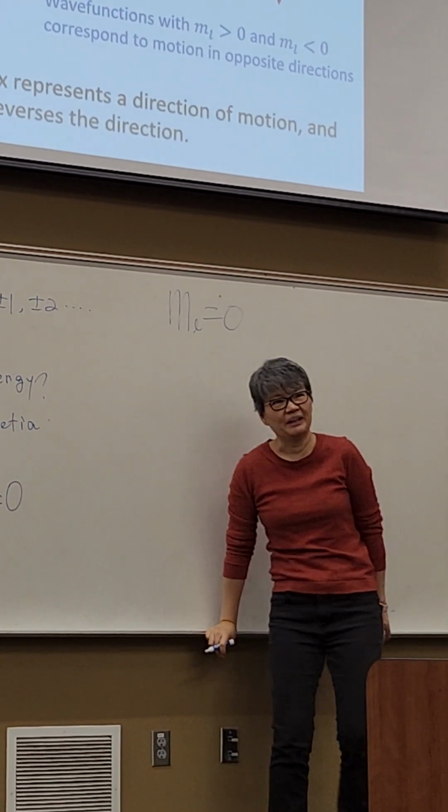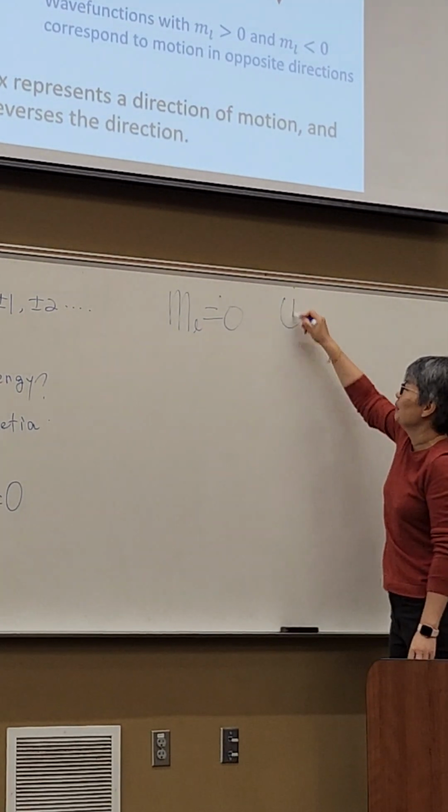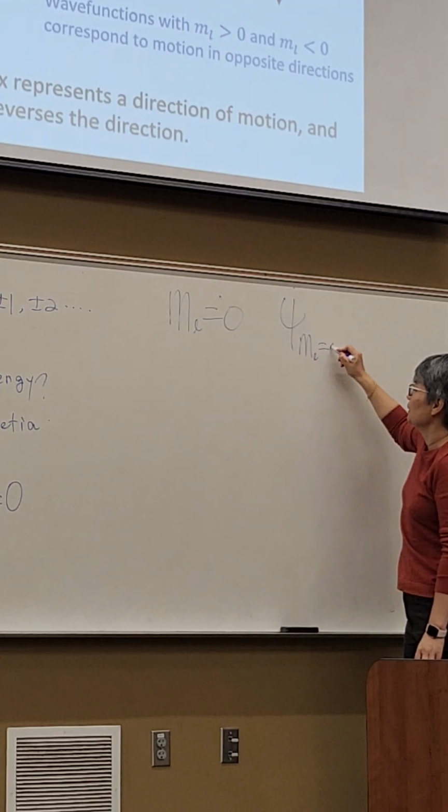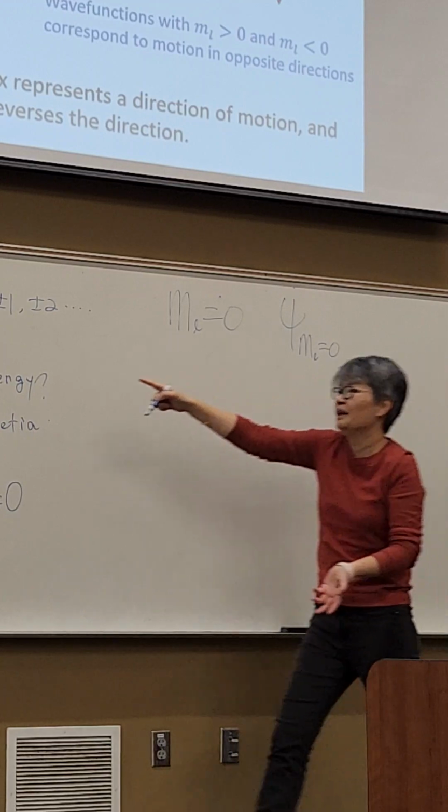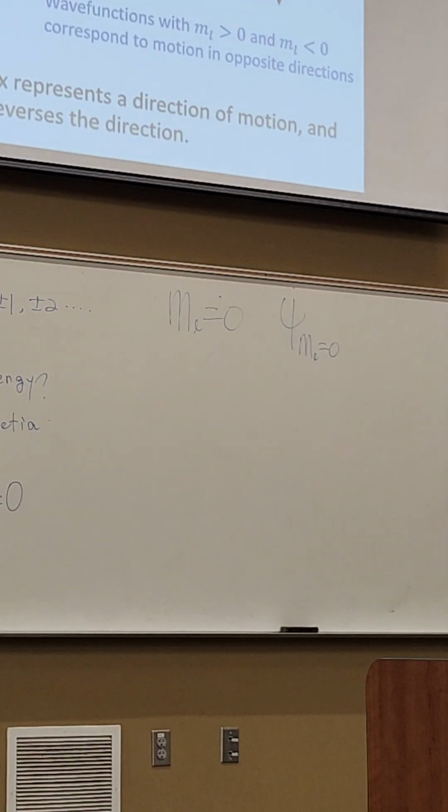So when m sub L equals 0, what is our wave function expression? It's the normalization, the square root of 1 over 2 pi. That's your general expression that represents all the possible rotational quantum states.